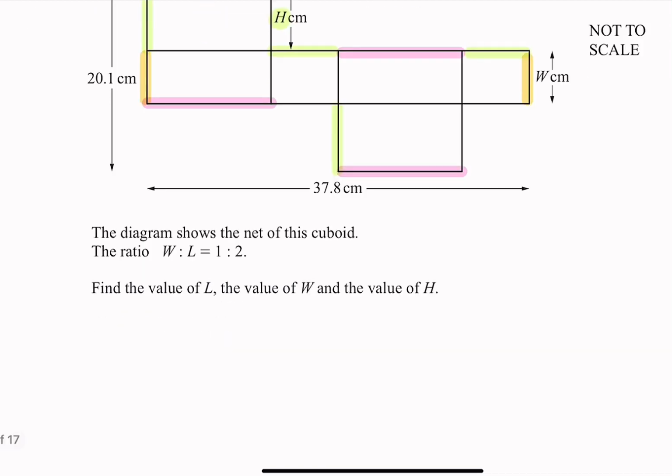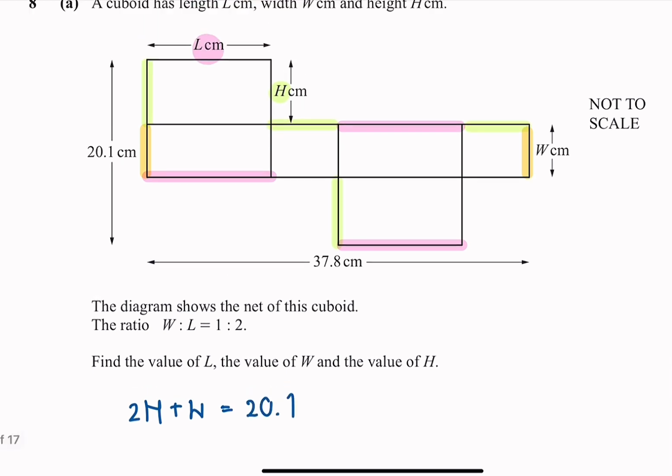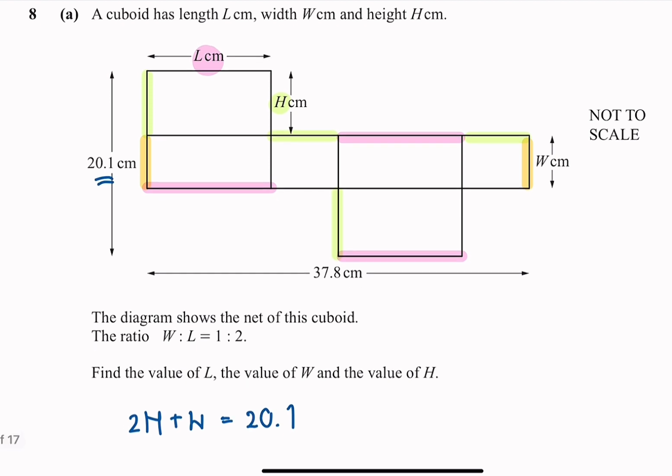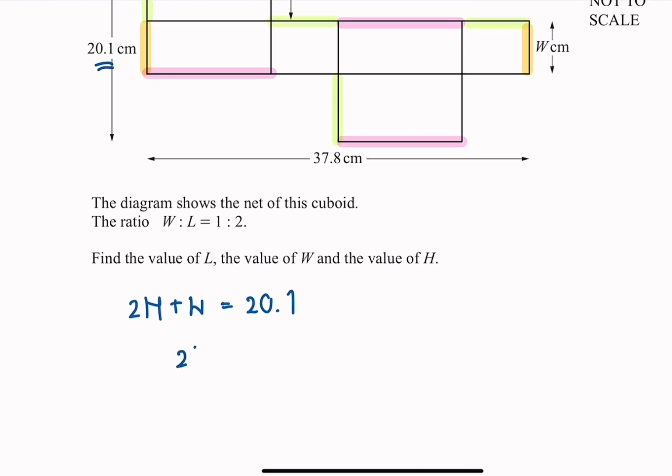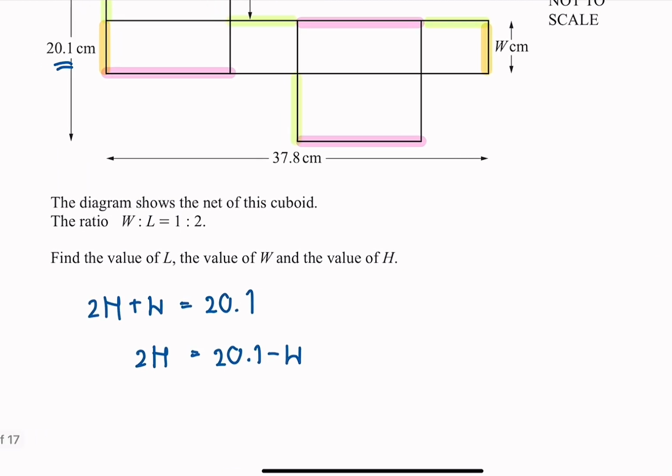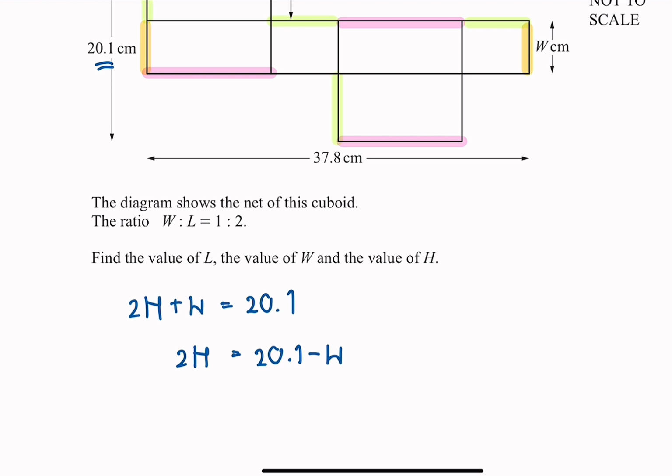Therefore, 2H plus 1W is equal to 20.1. Therefore, 2H is equal to 20.1 minus W. And next, 2L plus 2H is equal to 37.8.